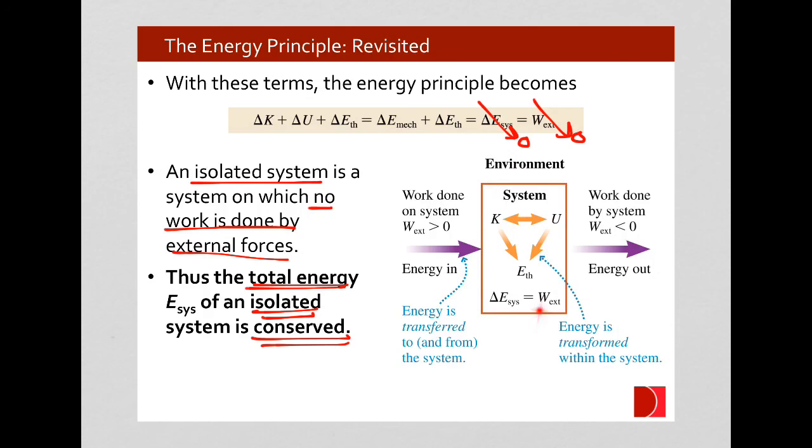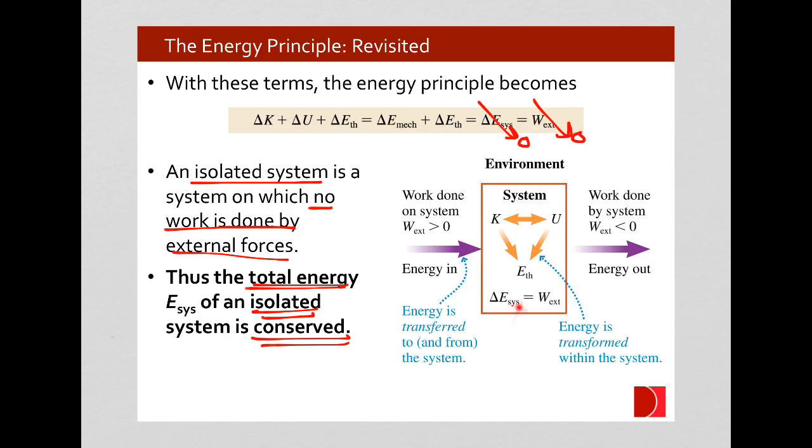But to recap, we have a whole system. That whole system includes an object or objects that have kinetic energy and potential energy. There's an exchange of mechanical energy between these two. And if there's friction in the system, as you have this exchange of energy between kinetic and potential energy, you have friction that's taking away mechanical energy and creating thermal energy. So the system is heating up, but it's at the cost of loss of kinetic or potential energy.